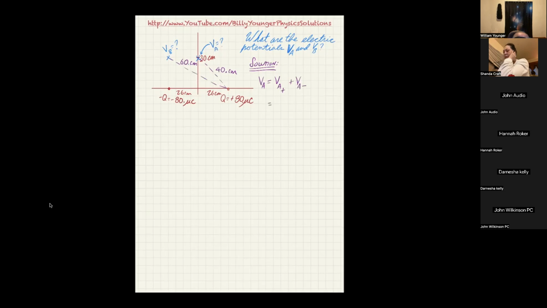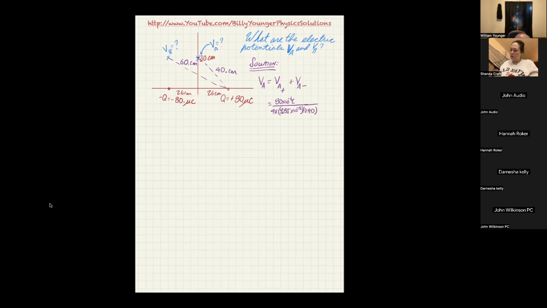And of course, the V at A due to the positive charge is 80 times 10 to the negative 6 coulombs over 4 pi times 8.85, I'm going to leave off the units here because we've done enough seeing them, times 10 to the negative 12, times the distance, which is 0.40. I left off that unit.